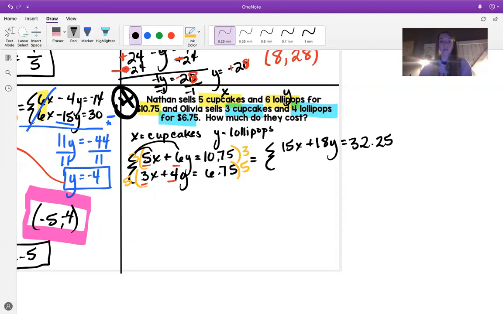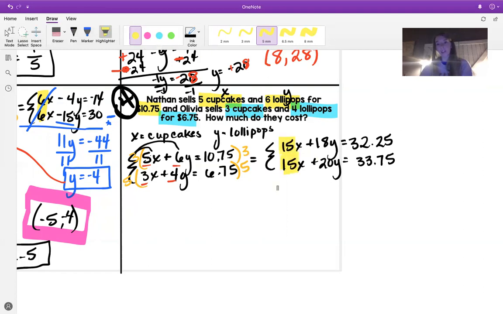Next, 5 times 3 is 15x plus 20y equals $33.75. All right, so that worked out, and now I have these coefficients that match.